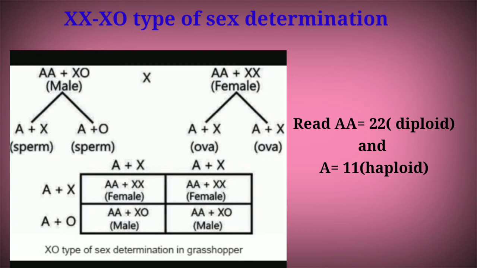And if the female gamete, that means the egg, bears 11 plus X chromosomes, and the male gamete has 11 plus 0 chromosomes, where 0 means the absence of the sex chromosome, so in place of that we write 0, then that results in an offspring which will be male, because the resultant zygote will bear 22 plus XO.